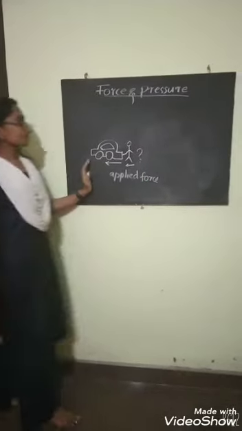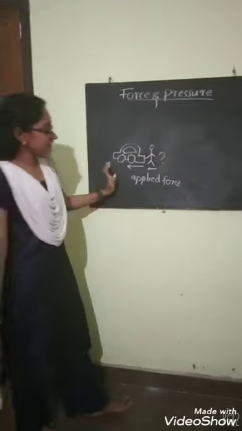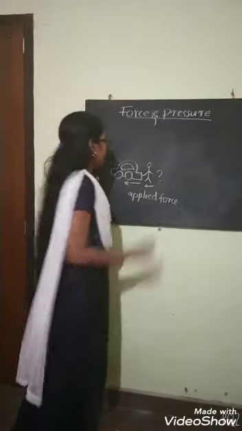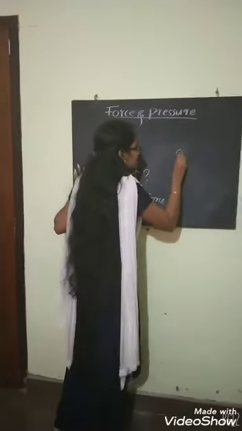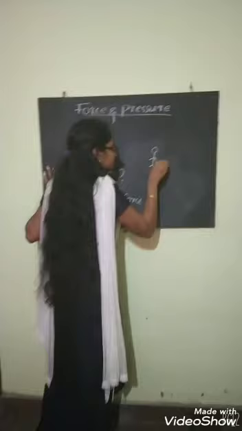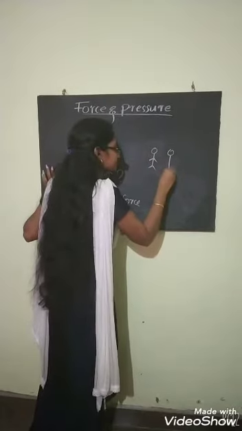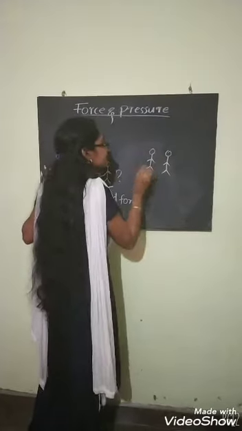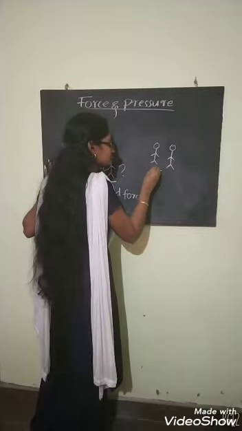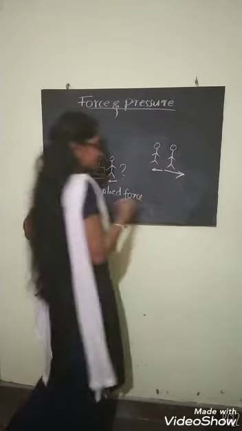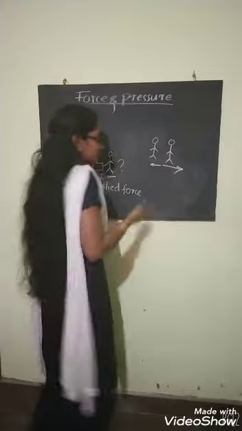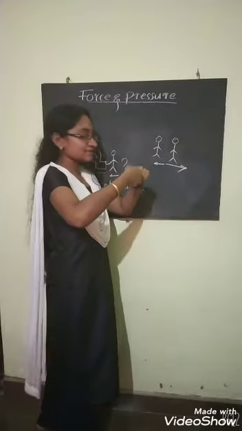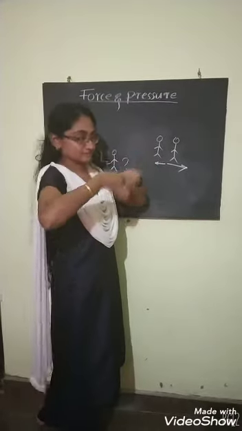This is one of the examples given in your textbook. In another example, two girls are standing and pushing each other, as if holding their hands and pushing like this.